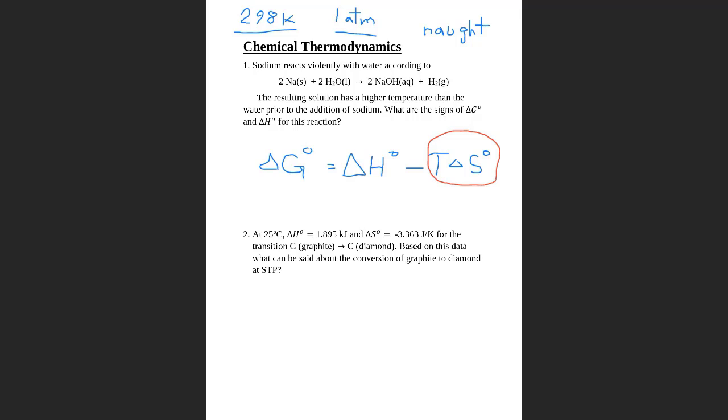Yes, I'd like to note the sign of T delta S. I would assume that it would be positive then. And then what is positive times negative? A negative. All right, so I'm going to put a negative.